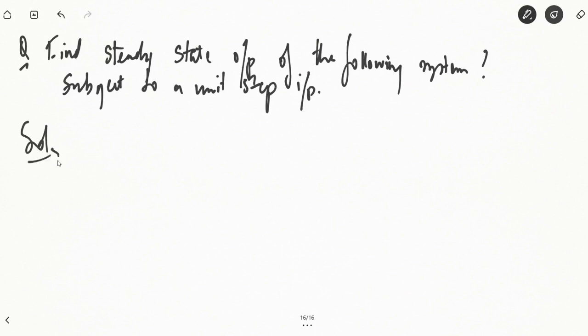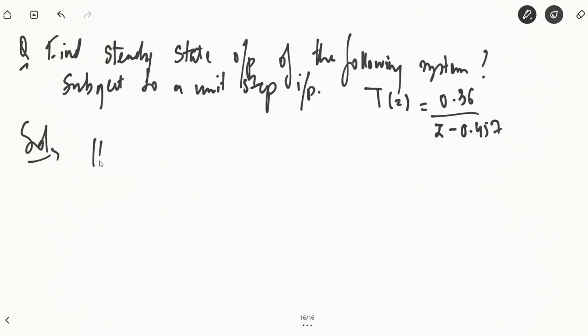Fine. So the solution: your system is T(z) equal to 0.36 divided by z minus 0.457. You want to find out the steady state output of the system.